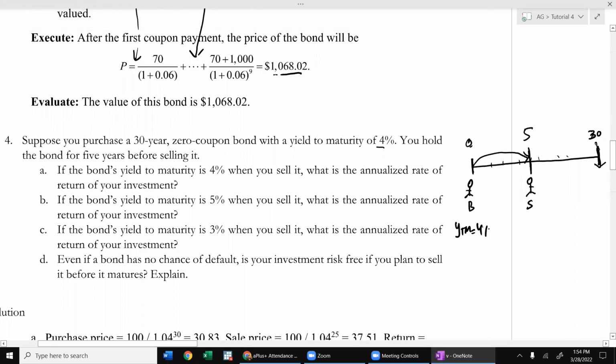Okay, so now my question to you is, is there any face value given for this question? Of course, this is a zero coupon bond, so the coupon rate will be 0. It's not given. N is equal to 30. What is the face value?